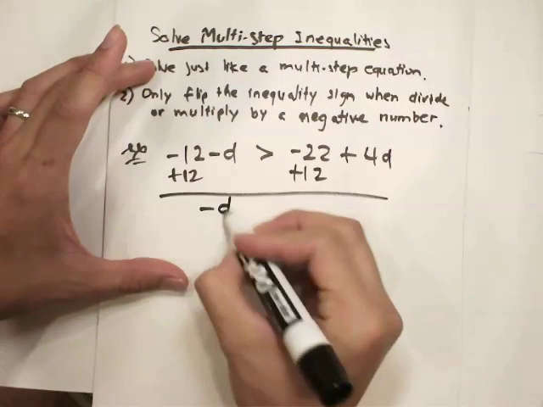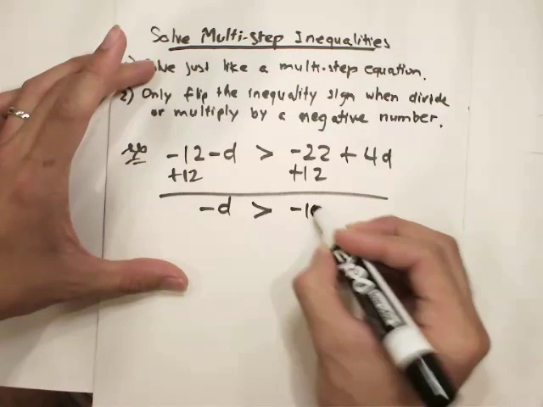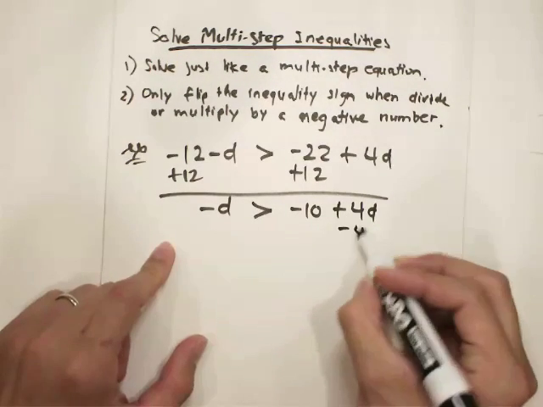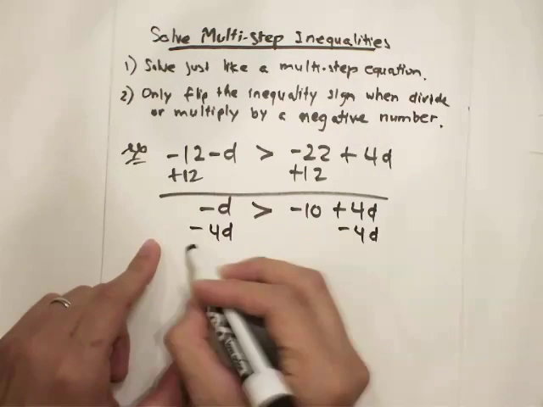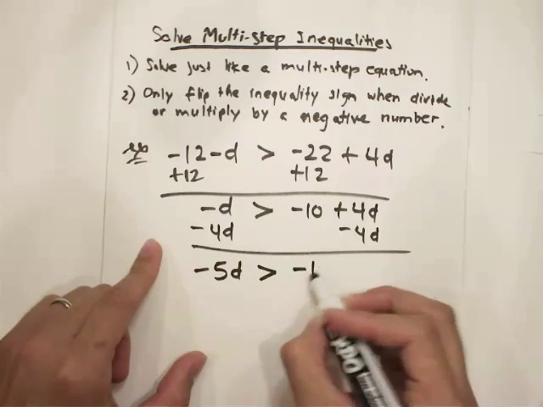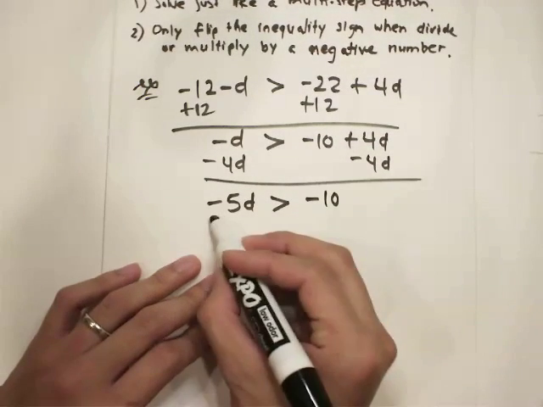That's going to give me negative d greater than negative 22 plus 12, which is negative 10, plus 4d. And I need to move the 4d over to the left-hand side, so I'm performing the opposite operation. That gets me negative 5d greater than negative 10. I want to solve for d, so I have to divide both sides by negative 5.